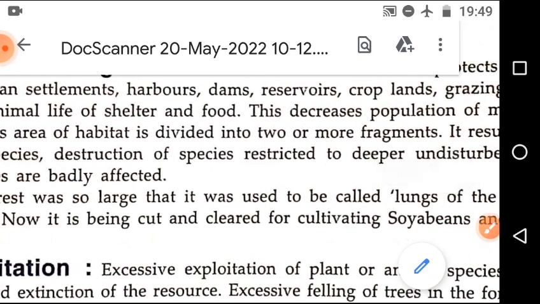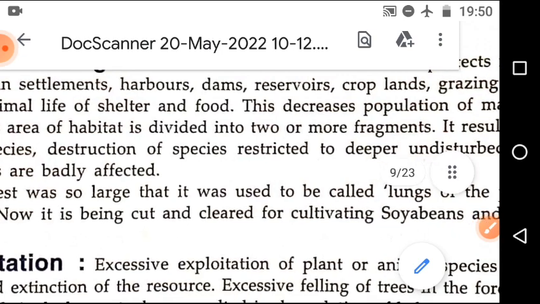Suppose a large area is there, and if I divide that large area into four parts, and we clear one or two parts of that forest, that habitat, and we do settlements there, and the rest of the two parts is forest. That is called fragmentation.